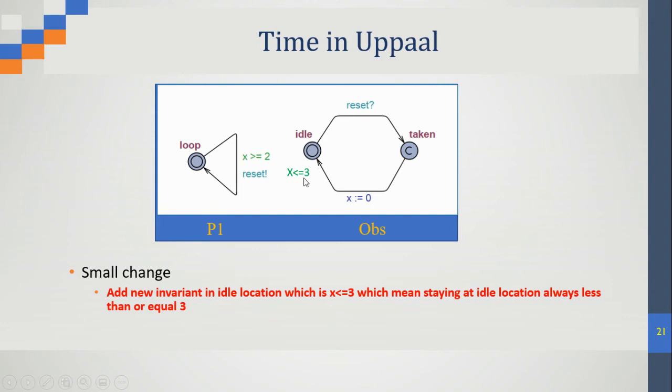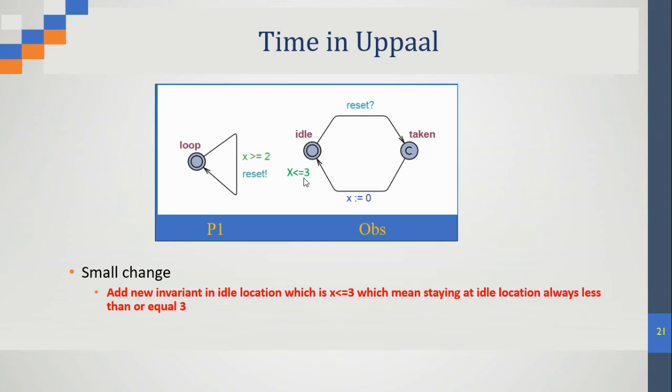This condition says you cannot stay if x is more than 3. If x is less than or equal to 3, that means if this condition is true, you can stay. So the system will stay in the idle location as long as this condition is true. Otherwise, it should leave.